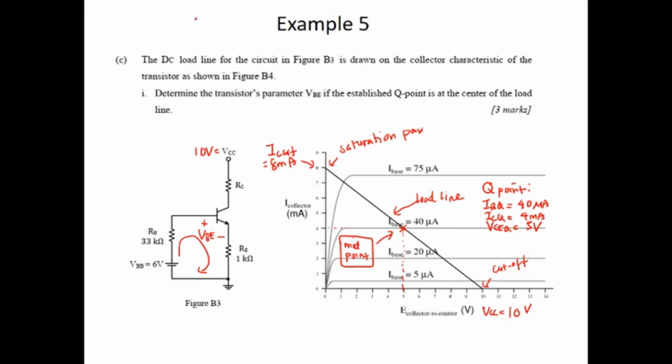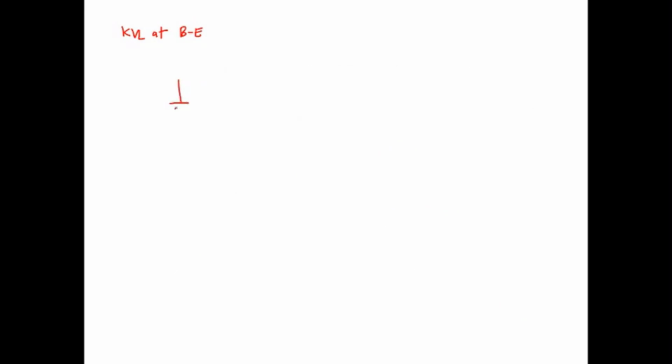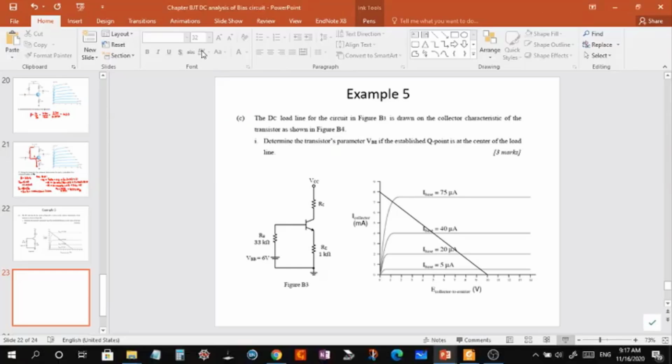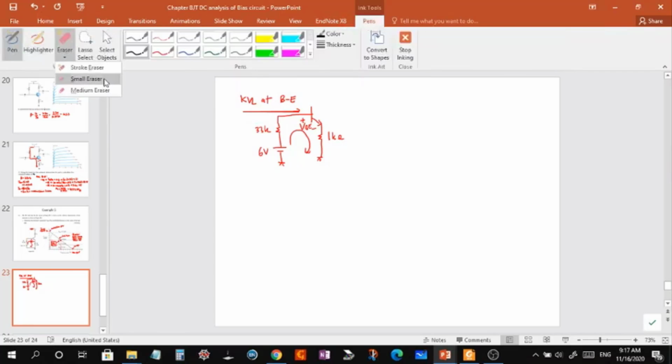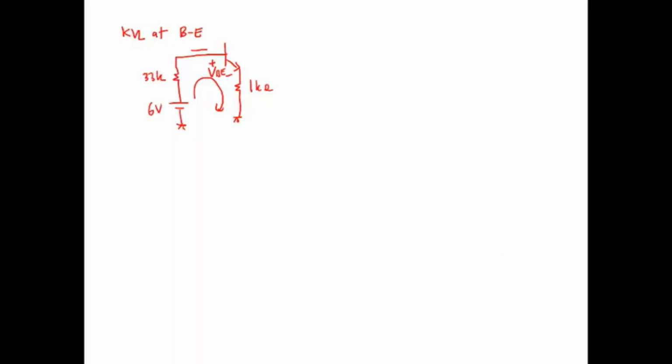We have 6 volt, 33K, and 1K at the emitter. This is the loop that you want to analyze. This is the VBE, this is the base current, and this is the emitter current.